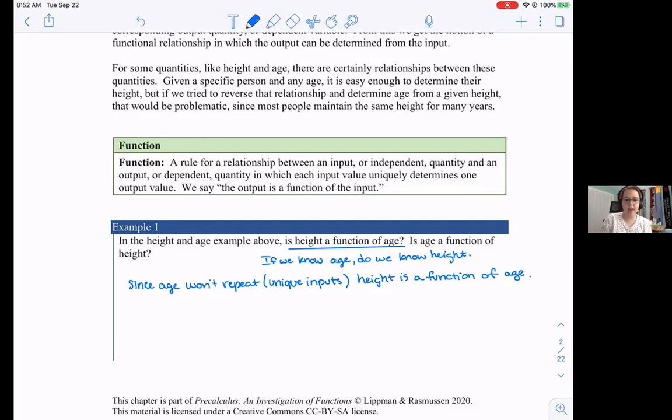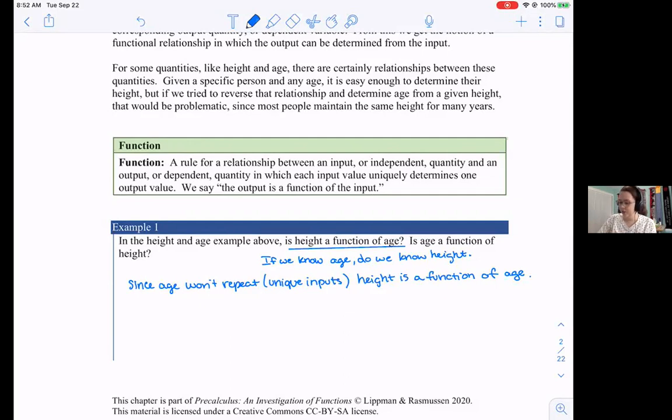However, if I know my height, do I get one specific age? So if I know height, do I know my age? No, because you're the same height for a lot of time, right? I've been this height since 7th grade. I was a tall 7th grader.